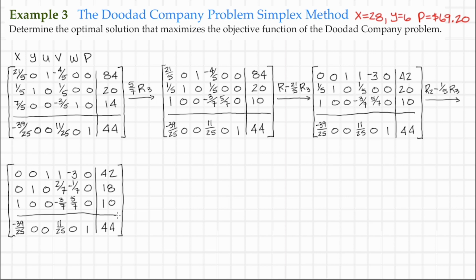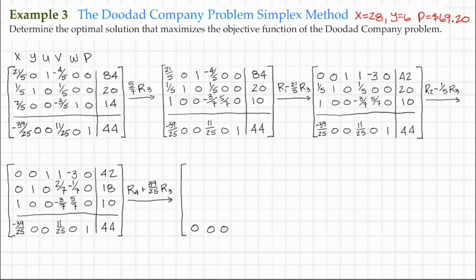Put in our horizontal bar. And we have this element. Now we could target this element here. So we'll say row 4 plus 39/25 of row 3. 1 times 39/25 is 39/25. Negative 39/25 plus 39/25, of course, is 0. 0, 0, and 0. 0, 0, and 0.